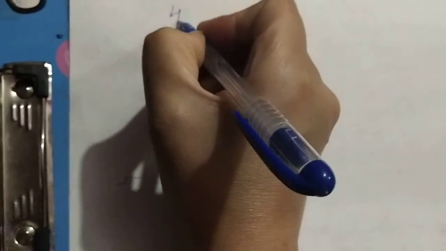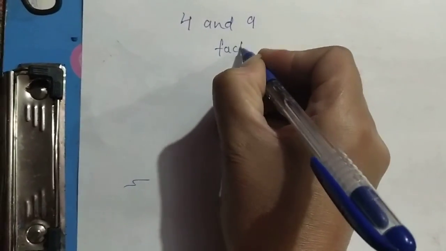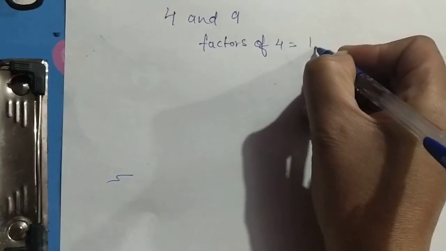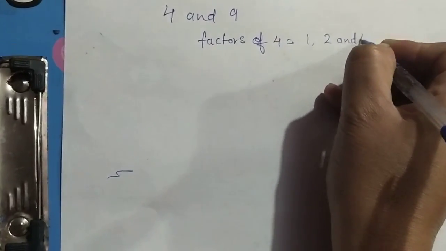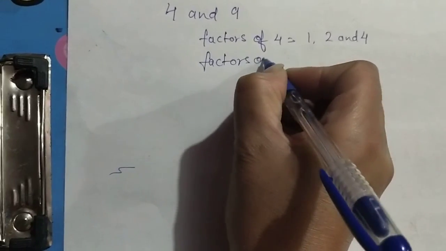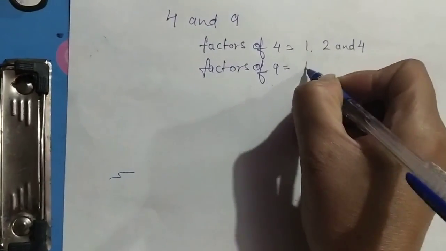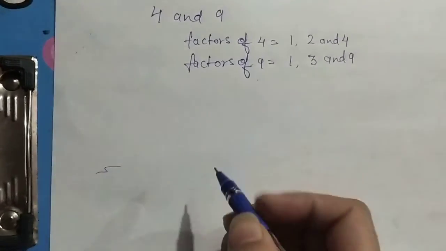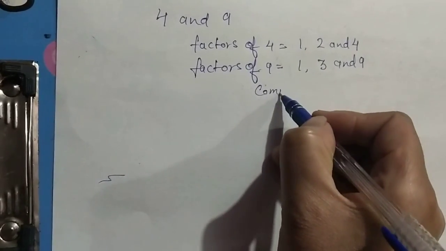Now my other example is 4 and 9. So factors of 4: 1, 2 and 4. Now factors of 9: 1, 3 and 9. So what is the common factor here?